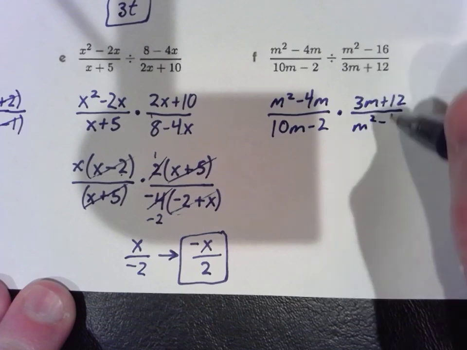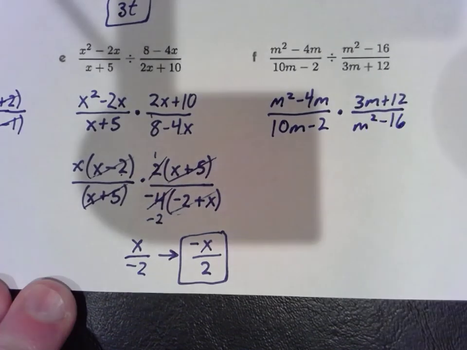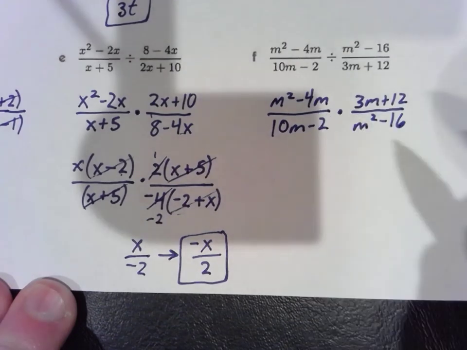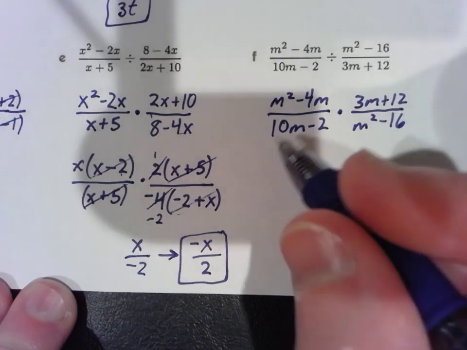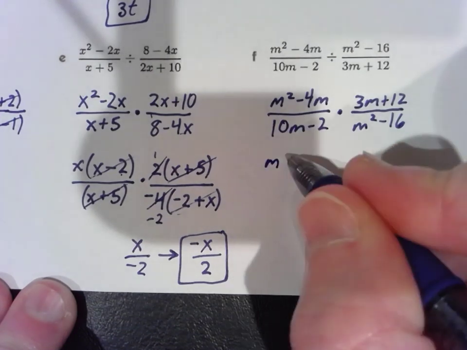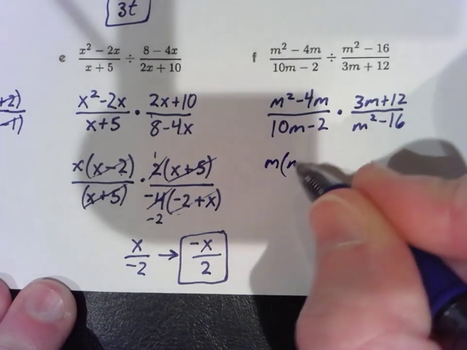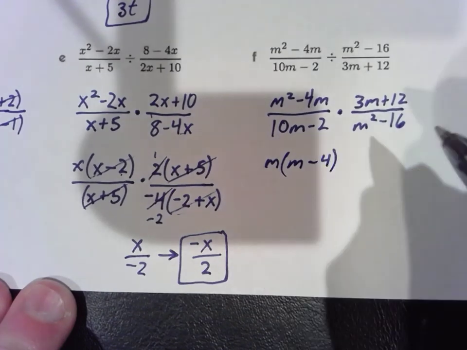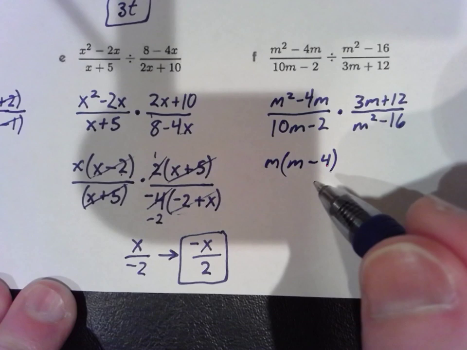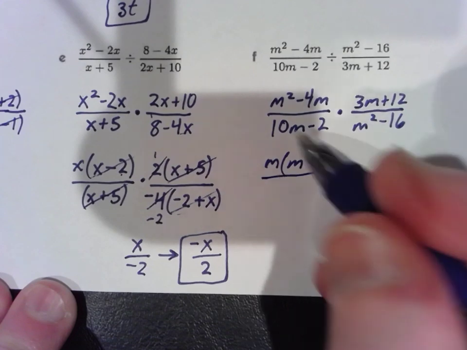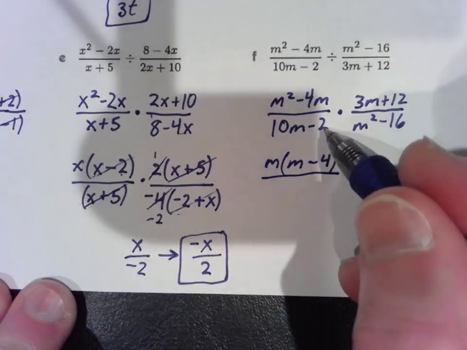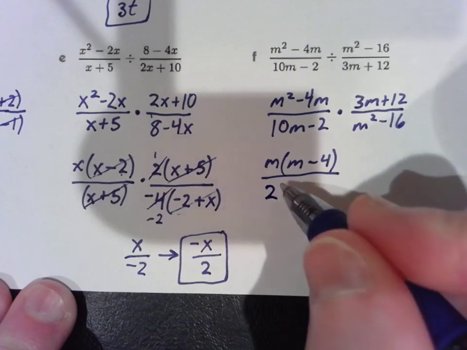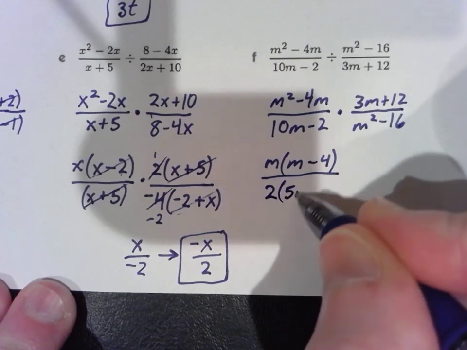Once we have a multiplication problem, now we factor everything. M squared minus 4m, the common factor is m. M times m is m squared, m times minus 4, minus 4m. 10m minus 2, 10 and 2 can both be divided by 2. 2 times 5m is 10m, 2 times minus 1 is minus 2.